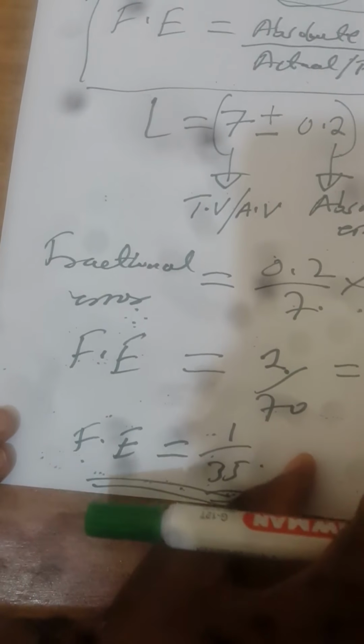Let us finish the last way of expressing errors, which is known as percentage error. In percentage error, we can say it is the expression of fractional error in percentage. Or in other words, when you express a fractional error as a percentage, that is known as percentage error.